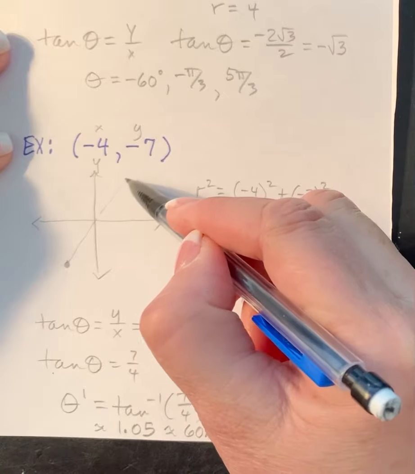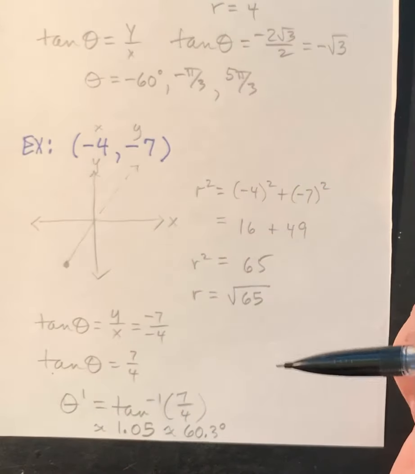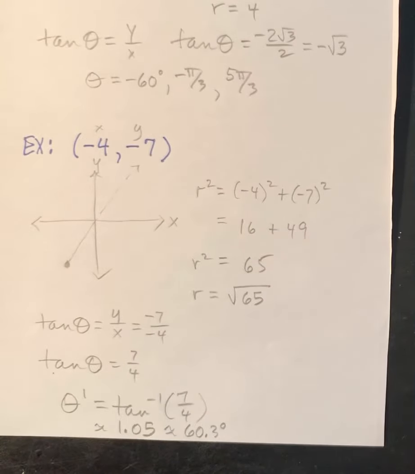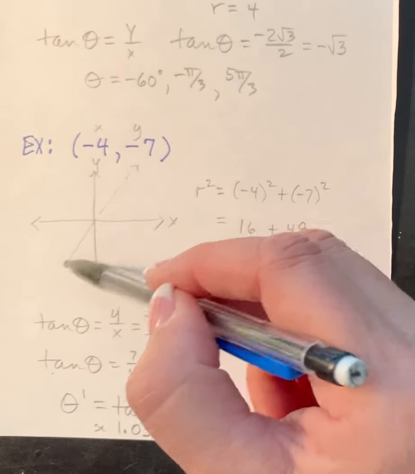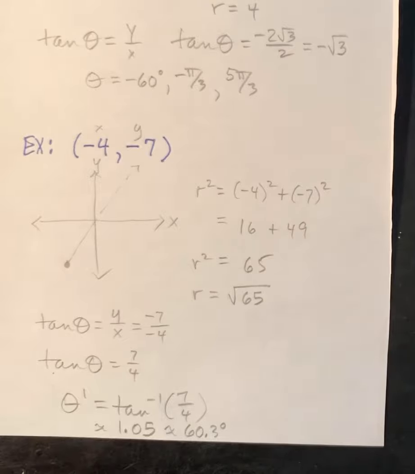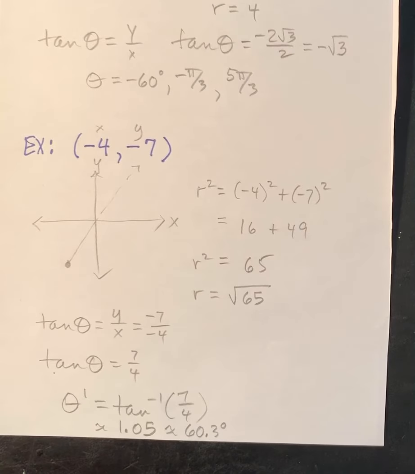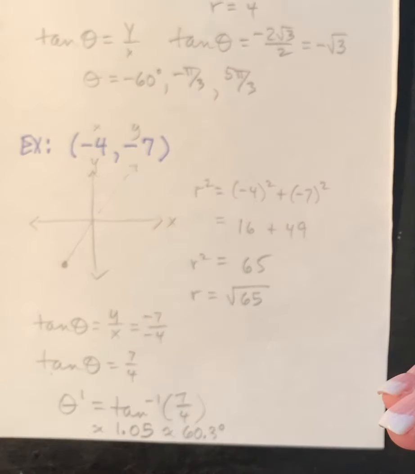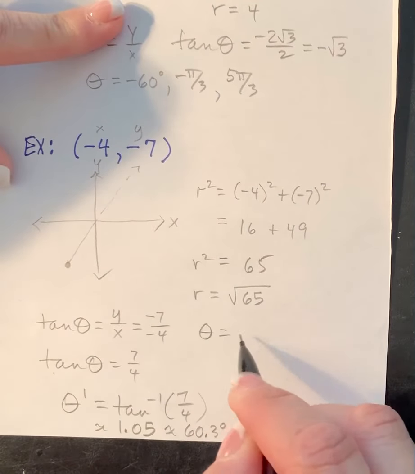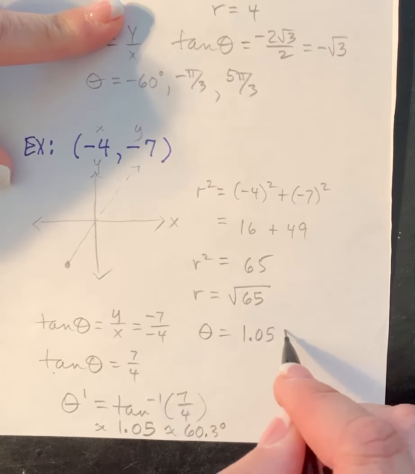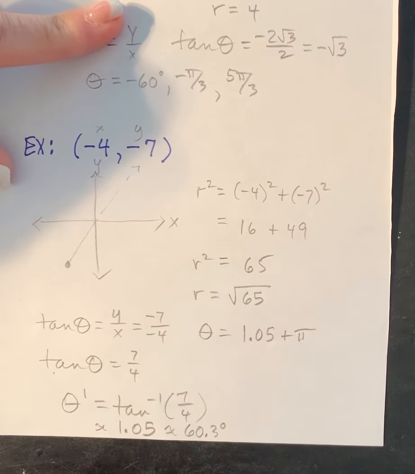It's up here. Okay, so I could either add or subtract 180 and have the angle in quadrant 3. Okay, and with polar coordinates, you are allowed to do either one. Okay, so 1.05, let's say I add pi to that.